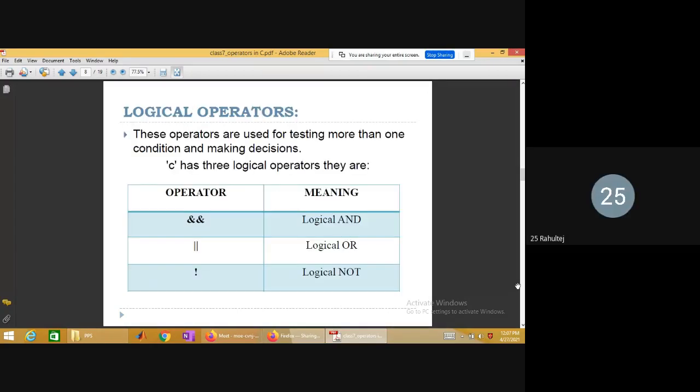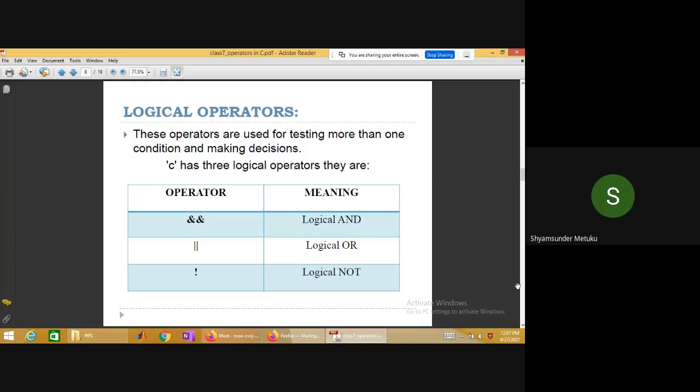Can I move to the next type? Yes, sir. Then come the logical operators: logical AND operator, logical OR operator, and logical NOT operator. The symbols are two ampersands for AND. Logical OR is a straight line, generally called a pipe, a double pipe. On the keyboard, it is exactly above the enter key.